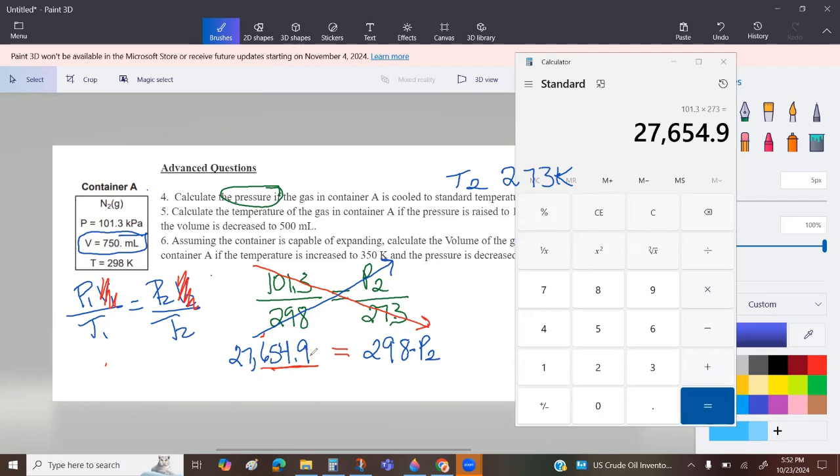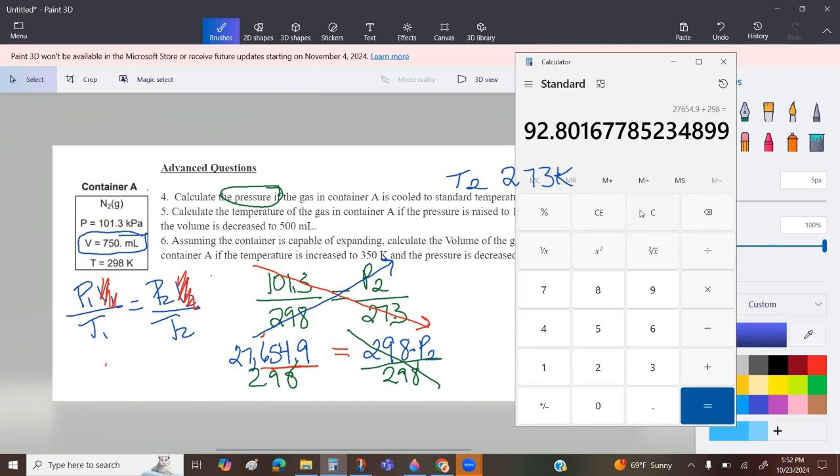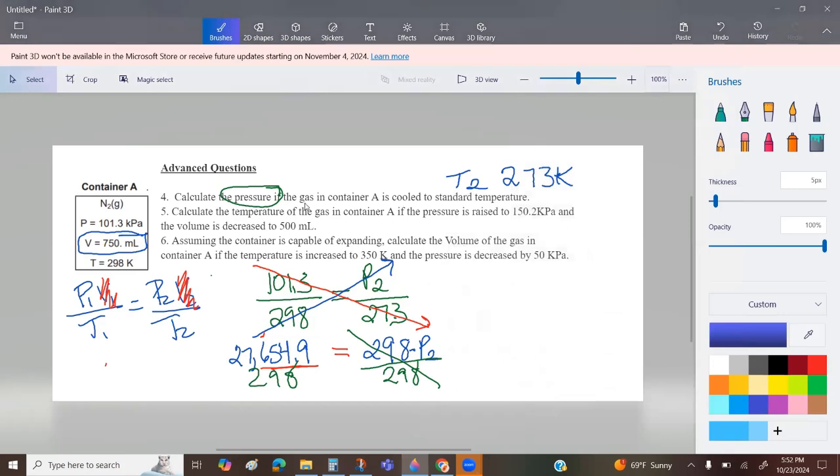I want to get P2 by itself, so I'm going to go ahead and divide both sides by 298. Just in the background, I don't think you can see the calculator pops up as a separate window. I'm going to do 27,654.9 divided by 298, and that's going to get me 92.8 as my new pressure.